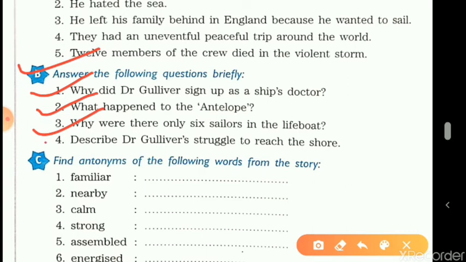Question number 4. Describe Dr. Gulliver's struggle to reach the shore. Answer. After the boat had overturned, Dr. Gulliver began swimming in whichever direction the wind and the waves pushed him.